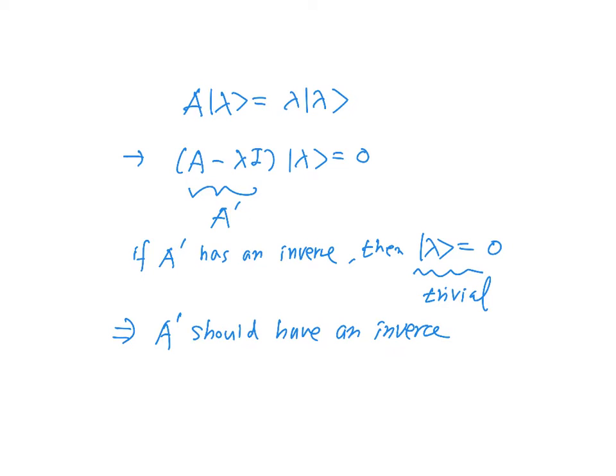The opposite way, if it should not have an inverse, then the condition is determinant of A prime has to be 0.